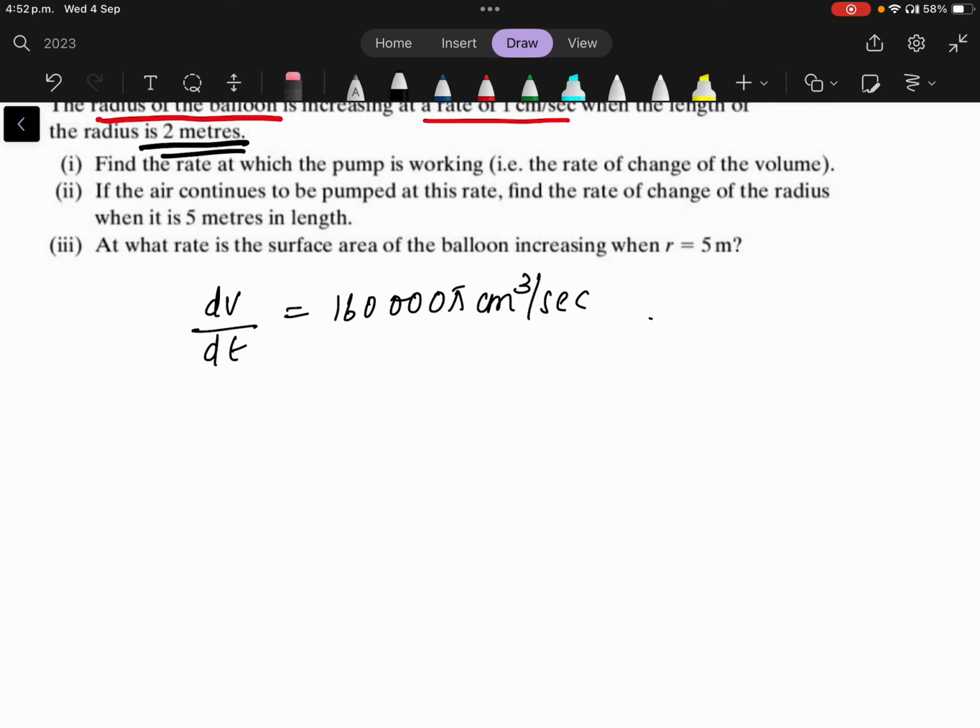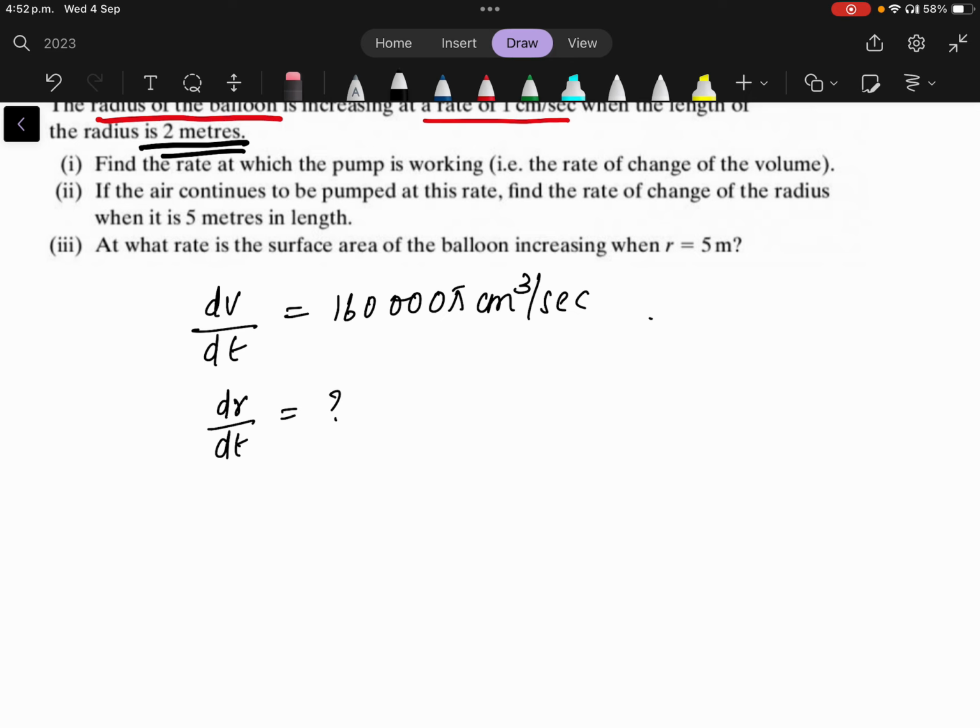And what you have to find out is the rate of change of radius when it is 5 meters, so you have to find dr by dt.